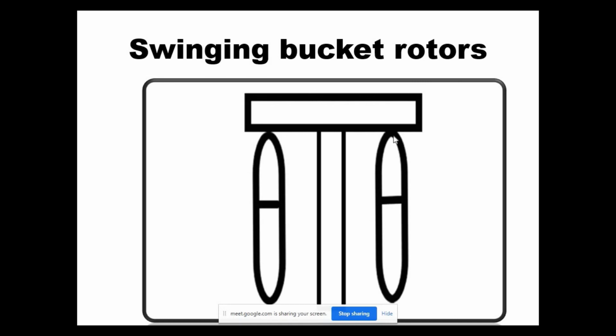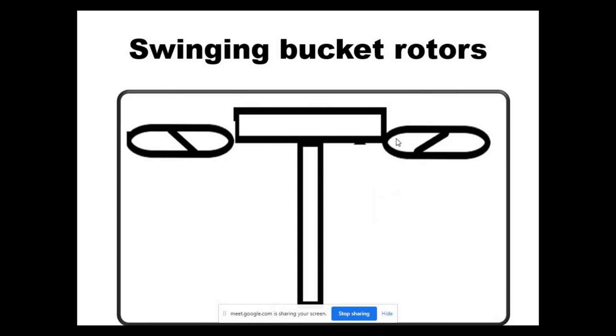This is the place where the centrifuge tubes are kept, hung over the rotor. Once you start the centrifuge machine, it will swing out in this way. This kind of swinging bucket rotor is used mainly for density gradient centrifugation.